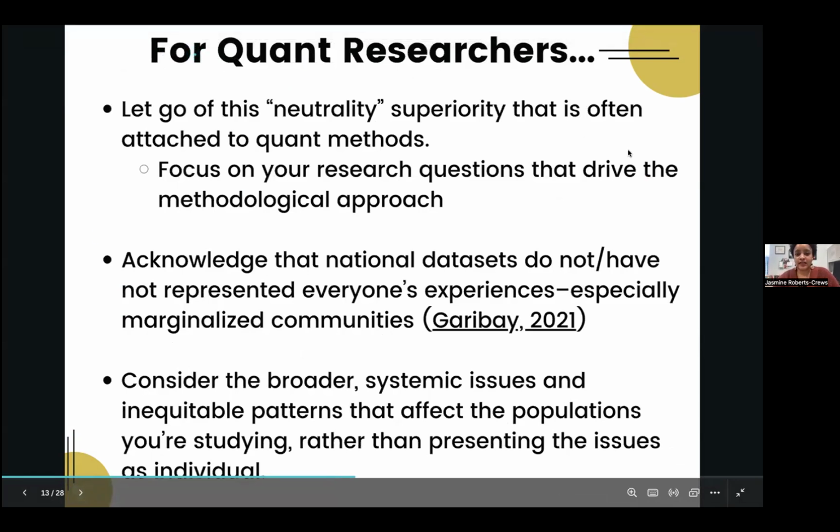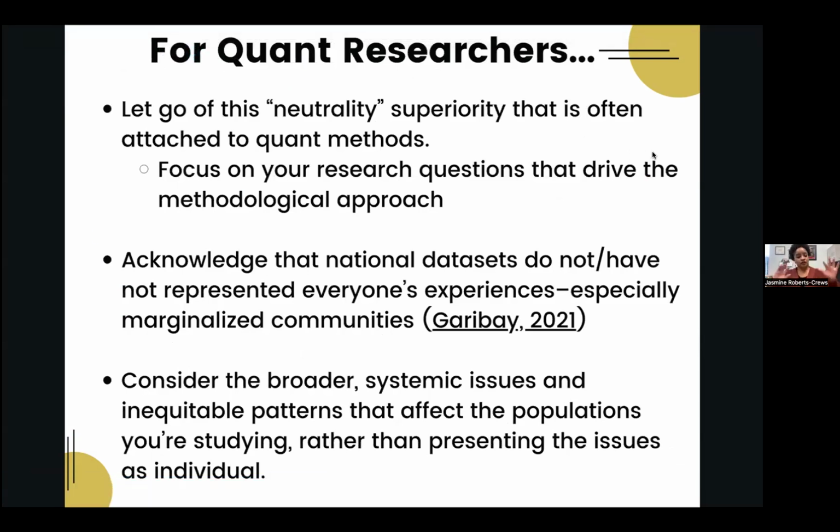And then one last thing, when it comes to centering a DEIJ lens, for my quant researchers in particular, I've talked about this first point about 10 times right now, but it's okay that you're going into this process understanding that you're not trying to present your research findings as neutral, right? But rather as another way to better understand this phenomenon, right? So I think that's a better way to approach the process here.